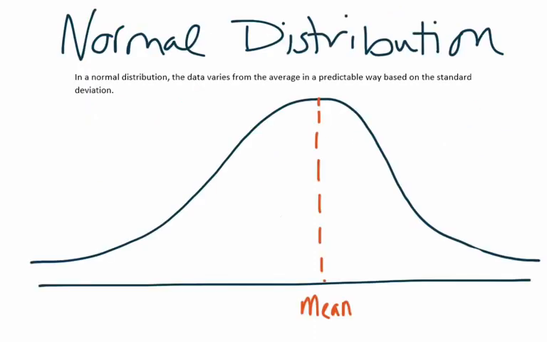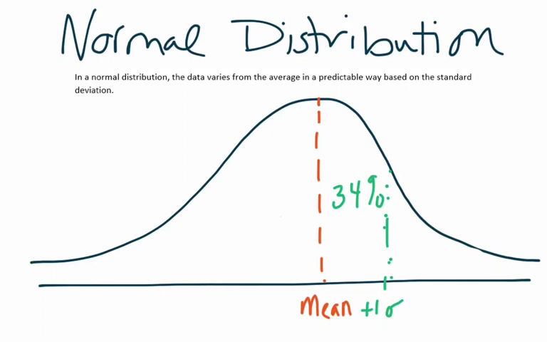So what does that have to do with the bell curve here? Well, if you were to go out plus 1 standard deviation to the right, and you were to look at this band right here, exactly 34% of all of your data values are going to be in that band. So if we were talking about IQ, that would mean that 34% of people have an IQ between 100 and 115.